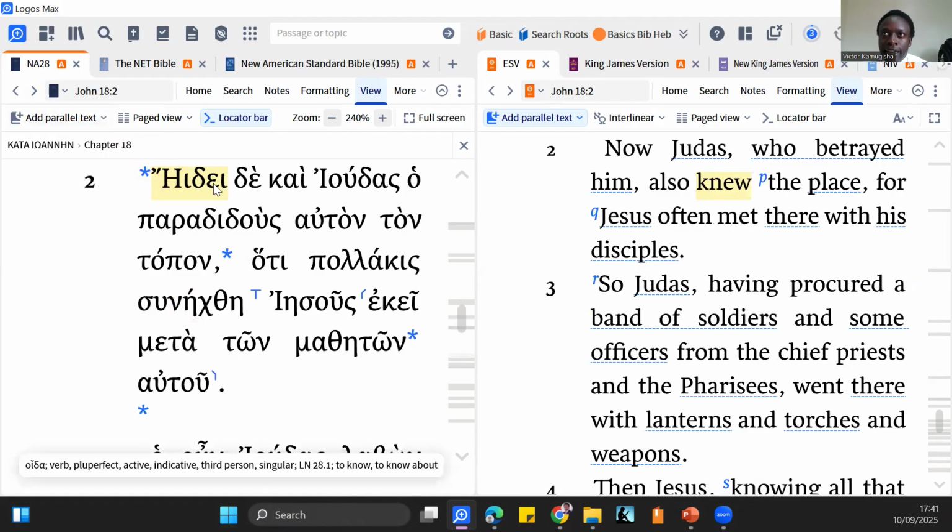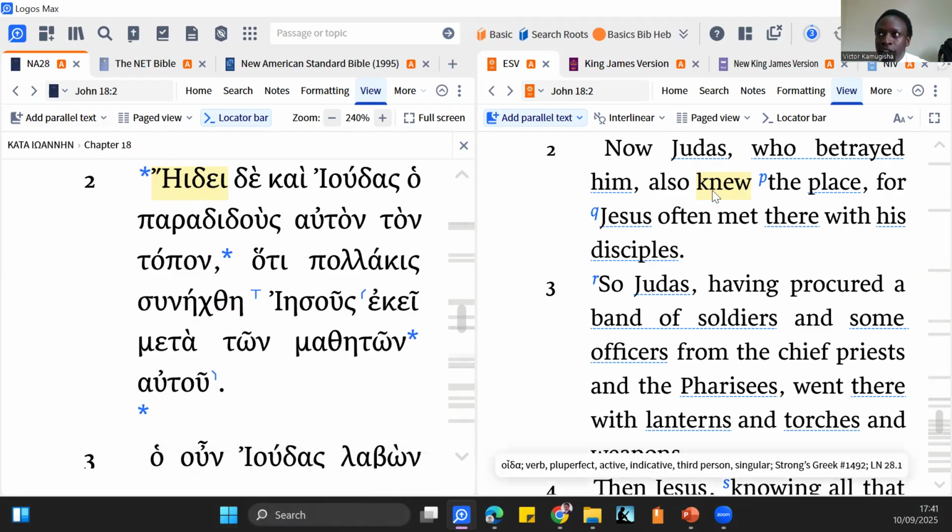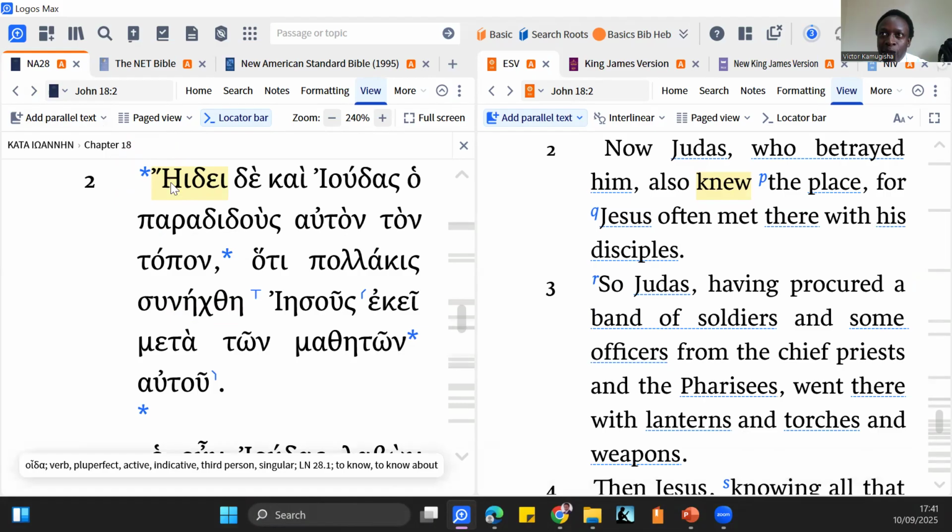But now look at John chapter 18, verse 2. The word begins with an uppercase eta. Because this eta is uppercase, don't confuse it to be H. It is the uppercase of eta, followed by an iota. This iota does not go under. That is iota adscript.